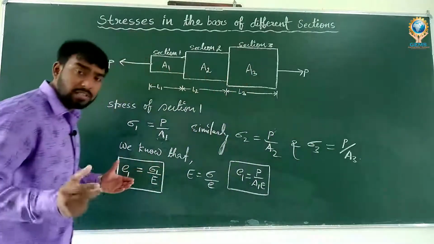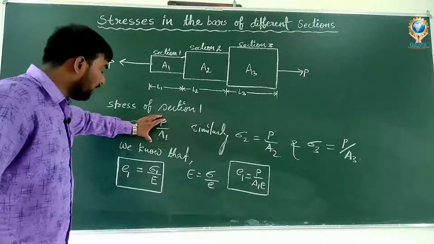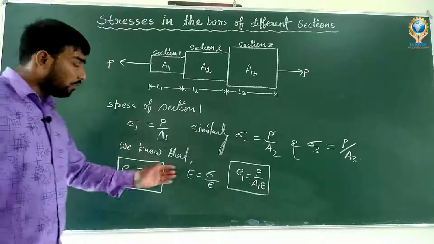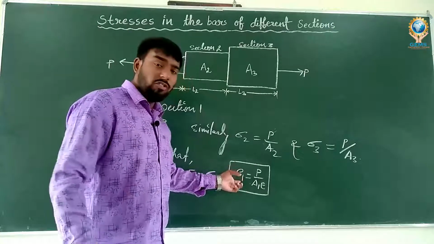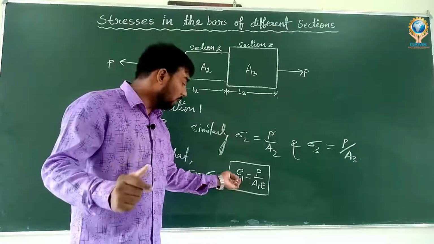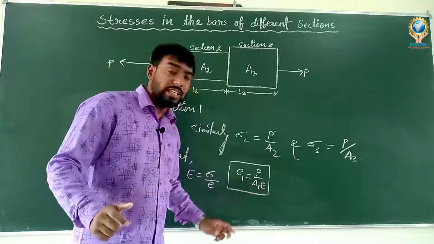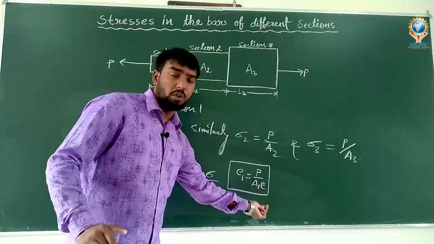So what we have done here is take the value of stress 1 from here and substitute it in the formula. For section 1 we got the strain E1, which is P by A1 into E. That means load divided by area 1 into Young's modulus.